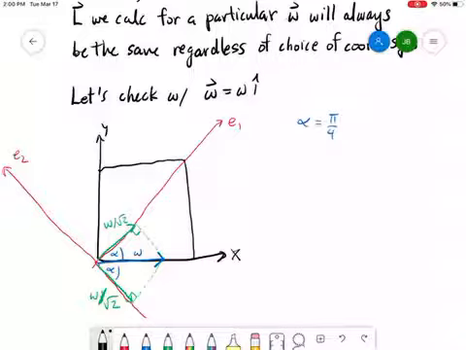Because alpha is pi by 4, and what we would be calculating are cosines of alpha, and cosine of pi by 4 is 1 over root 2.